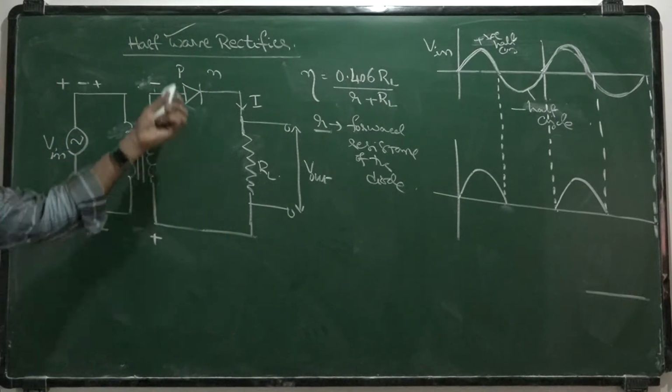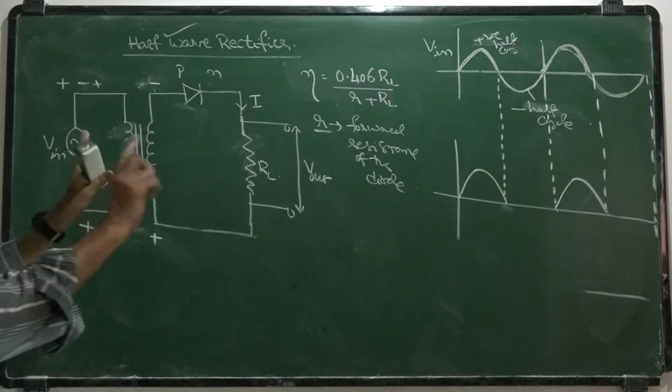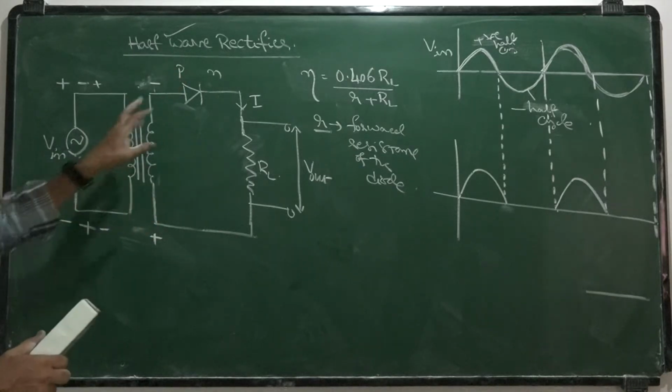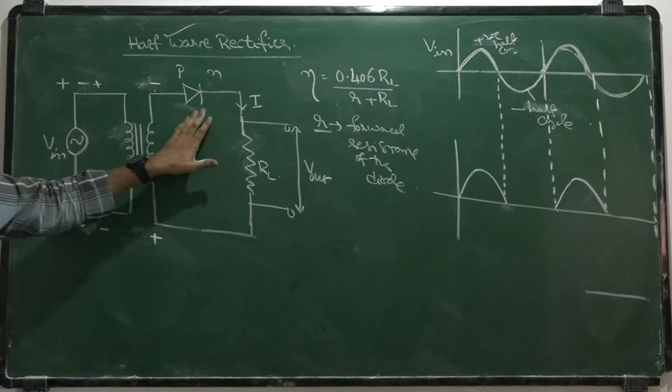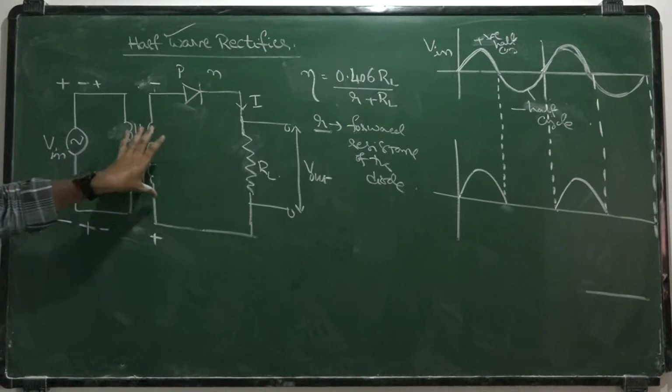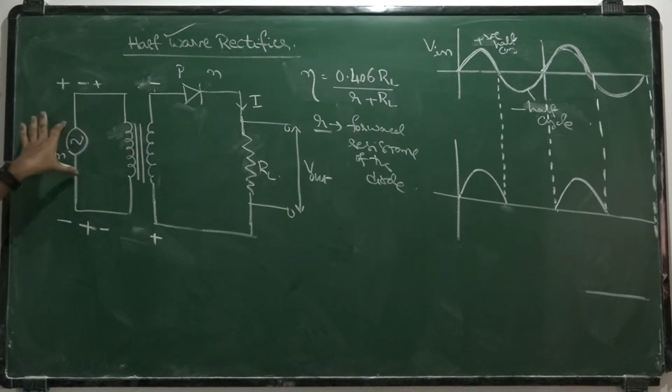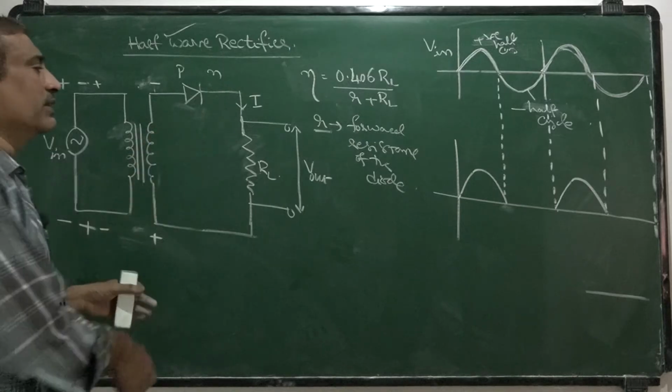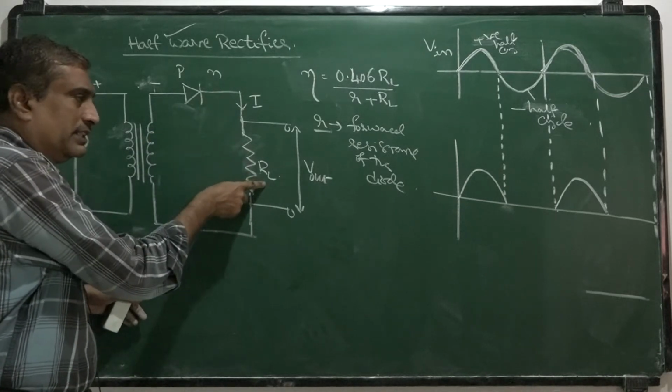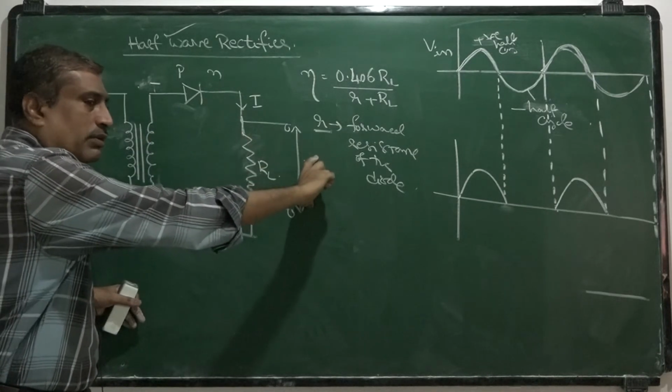this half wave rectifier. It consists of only one PN junction diode, which is connected in the secondary of the transformer, and in the primary the input alternating current is connected. This PN junction diode is connected in series with a load resistance, and output is taken across this load resistance.